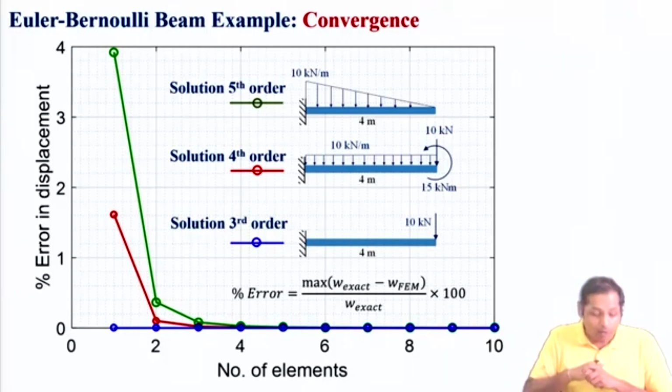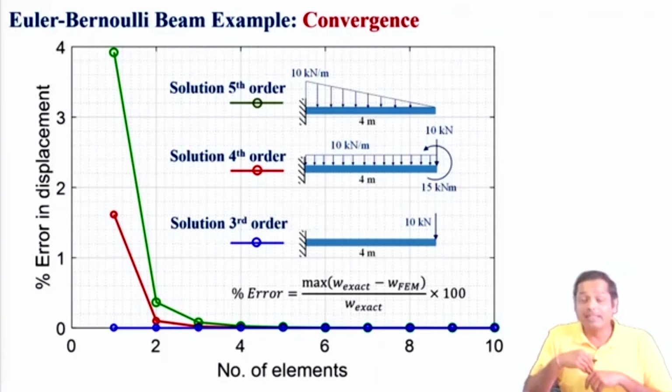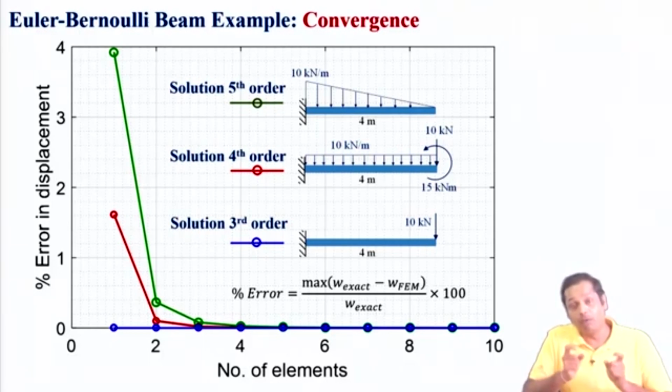Now this is done by changing the number of elements, or in another way we can say by reducing the size of the element. From now onwards, as I said, h will be used to represent the size of the element.